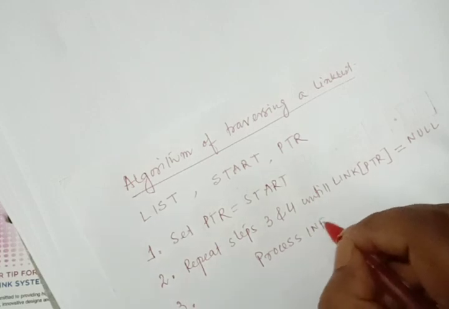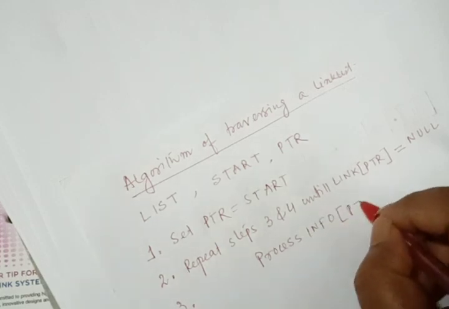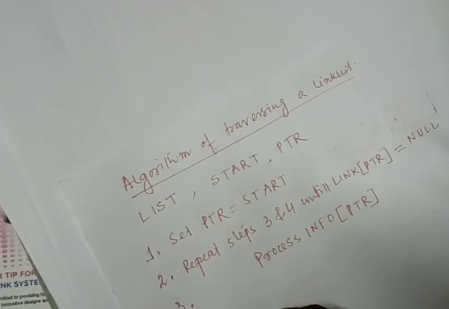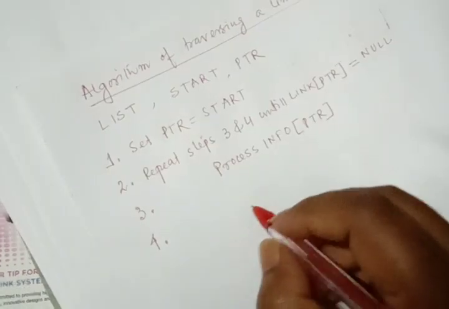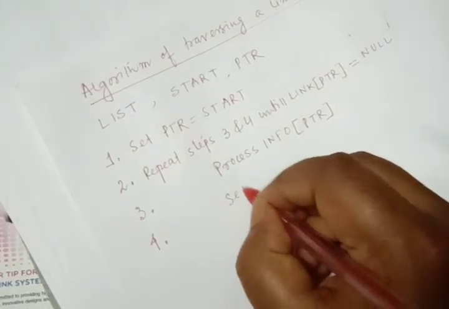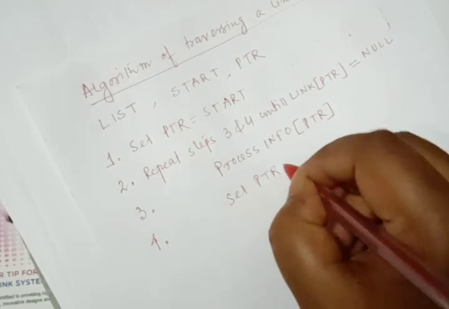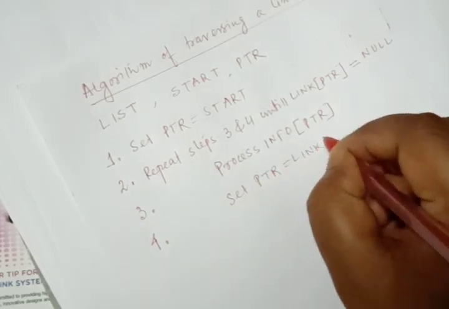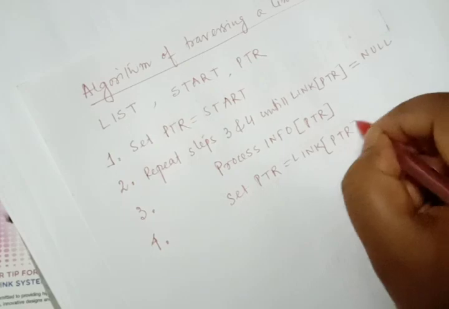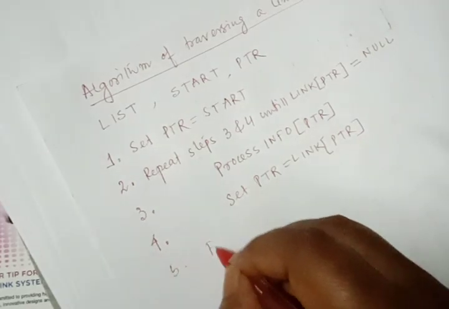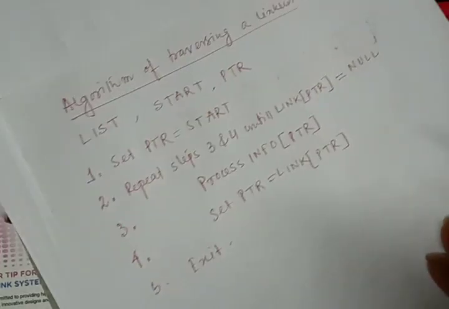Step 3, process or traverse information part of ptr. Step 4, set ptr equal to link of ptr. Step 5, exit.